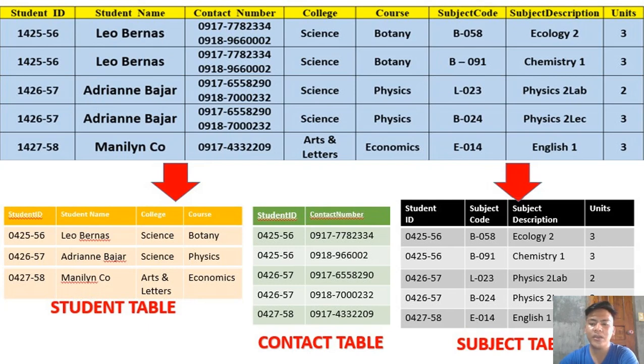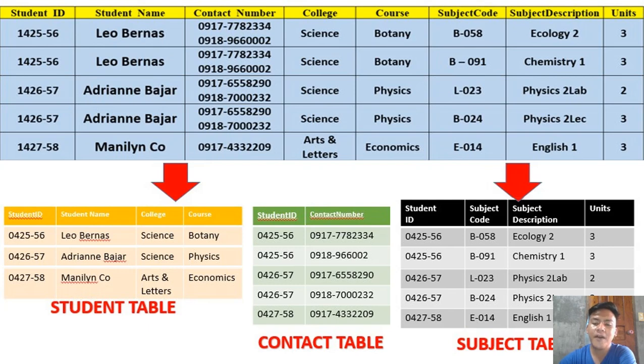Okay, so for today, we are now going to perform the second normal form, which is the last data normalization form that we are going to perform in order for us to organize and make our database system efficient. Tatanggalin na natin ang ating flat file table kasi na-solve na natin.